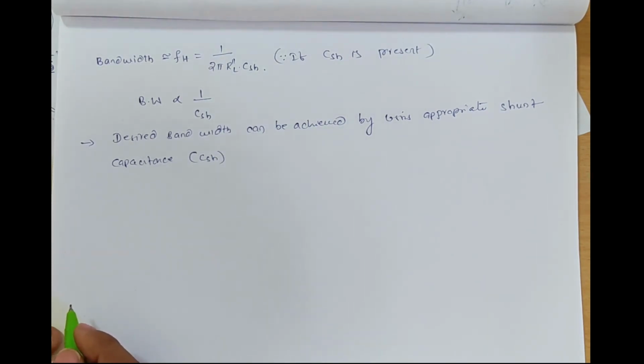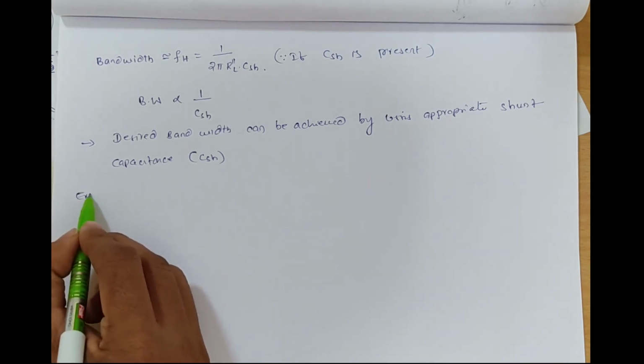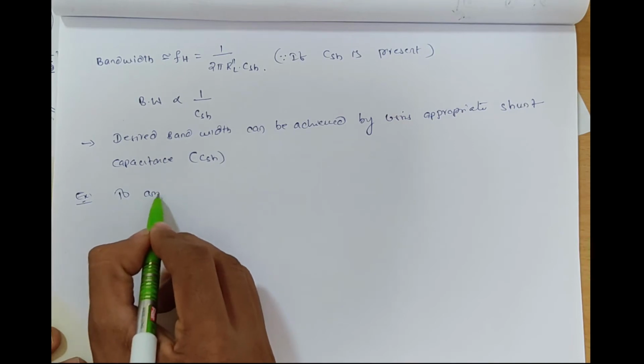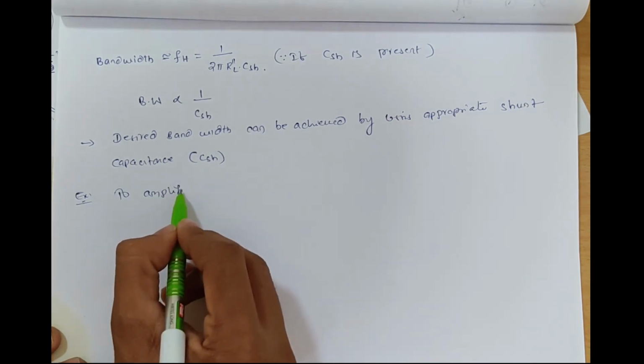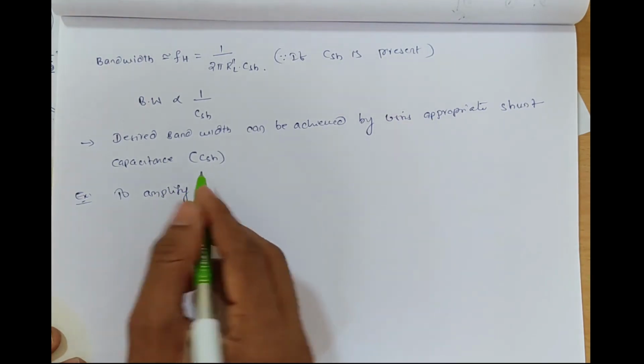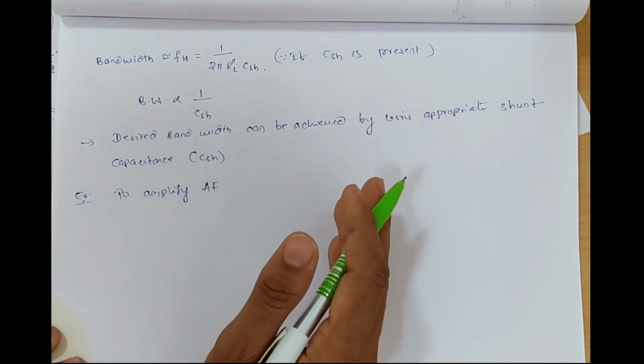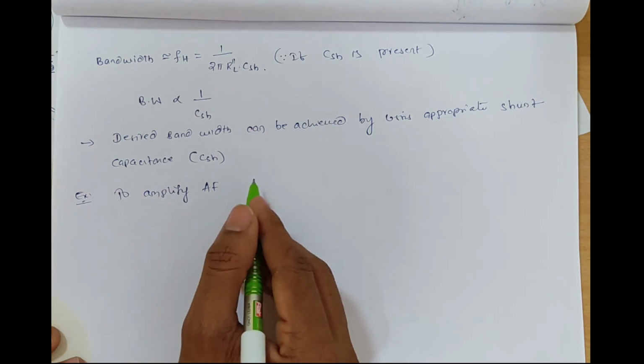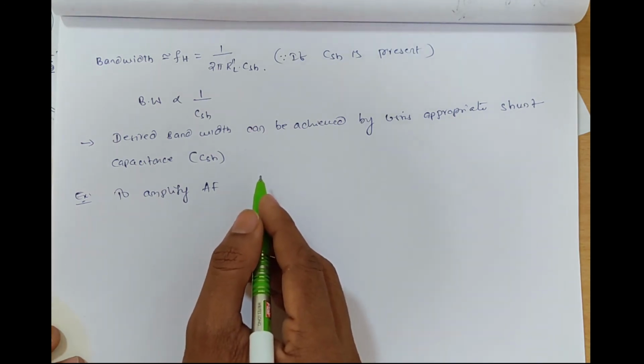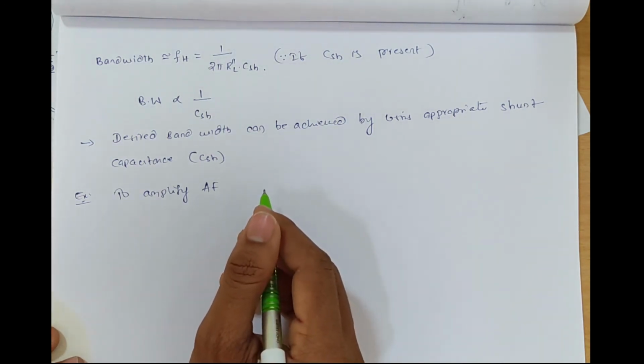As an example, to amplify the audio frequency signals, we know audio frequency means 20 Hz to 20 kHz signals. To amplify the audio frequency signals, a bandwidth of 20 kHz is required. Yes or no?